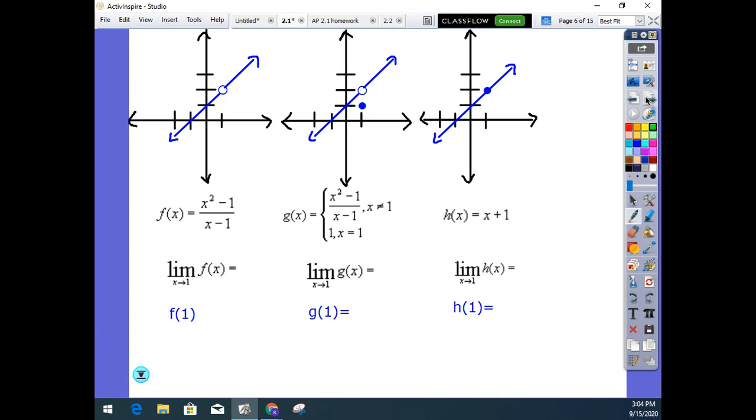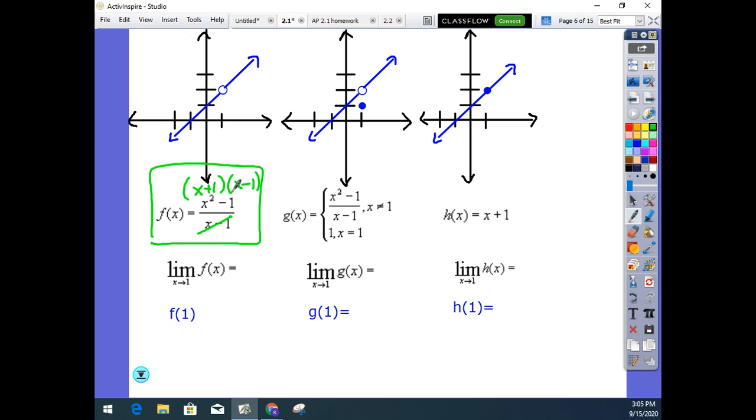So let's investigate that just a little bit. All right, so if we look at all of this, I have 3 different functions. The first function just has a hole in it. Now, you might not remember this, but in the equation itself, there is a hole if a factor cancels from the top to the bottom. X plus 1, x minus 1 is how this factors.